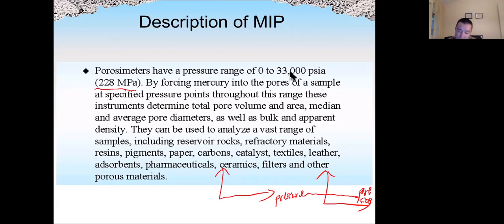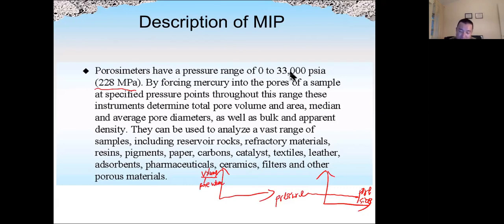And we measure the relationship between the pressure and the volume of the mercury pushed inside the sample. The volume of the mercury pushed inside the sample is the volume of the pores, so the pore volume.